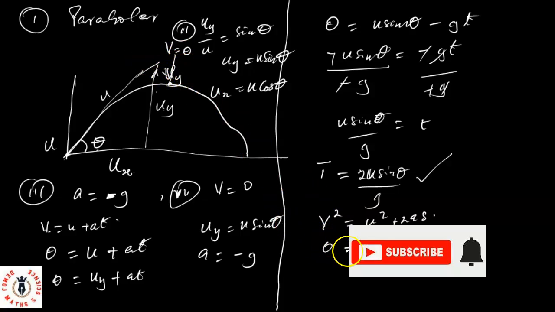So 0 is equal to u squared, where our u now is the y component of u, all squared, plus 2 into our a, which is negative g, and the s here is the height, which I said let's call h. So that 0 will be equal to u sine theta all squared minus 2gh.